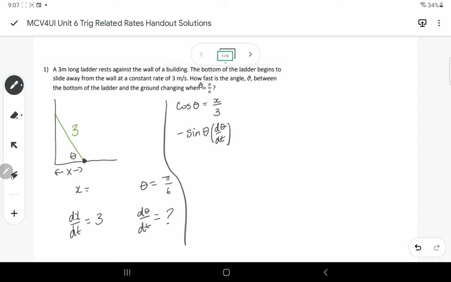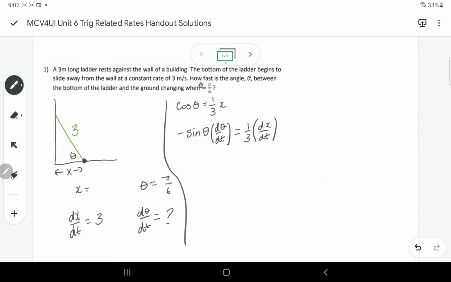It's not just a variable. And then the derivative of x over 3, if it helps you to write that as 1/3 x, you of course can do that. The derivative of 1/3 x is just 1/3. That's why I looked ahead and thought, I don't really need to find that x. But you always could, it's not wrong. But x is not just a variable, it's a function of time. So then dx dt.